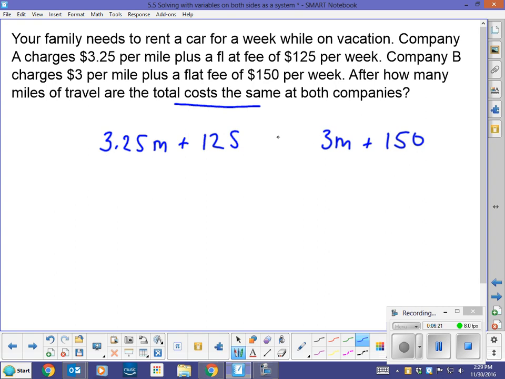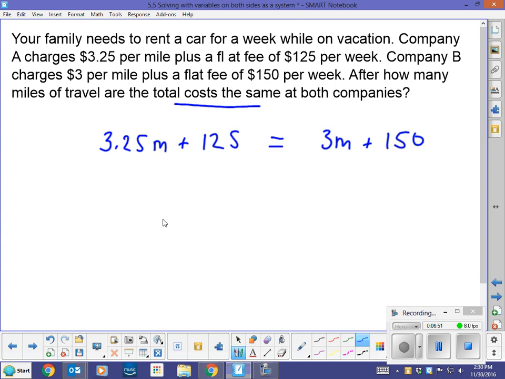We want to know when will equal miles result in equal costs? After how many miles of travel are the total costs the same for both companies? So there's our two expressions. I'll set them equal to each other. I'll let you go ahead and finish solving this on your own. You know how to do that using the Desmos graphing calculator now.